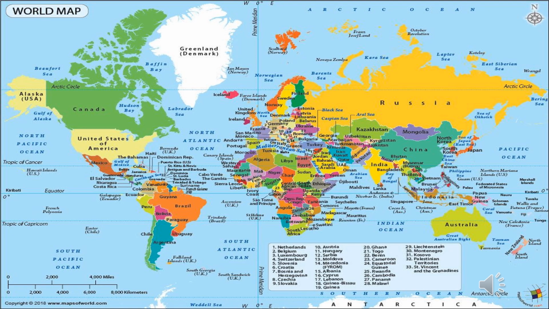For our classroom, which type of map will we use? We will use big maps. We can stick them on the walls of our classroom so that every child can see them clearly. Children, the maps that can be stuck on a wall are called wall maps.